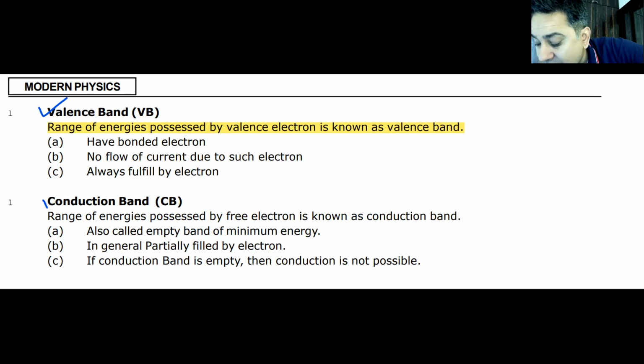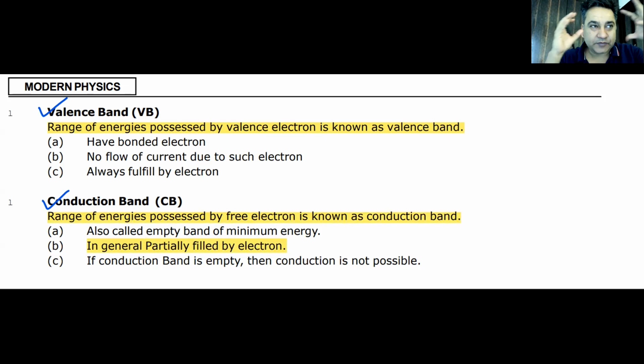Then above the valence band, we have the conduction band. What is the energy of this conduction band? Whenever you have a free electron in this band, whatever energy it has will be known as the conduction band energy. In general, it is partly filled by electrons. Remember, wherever we have an element, we don't have a single atom.